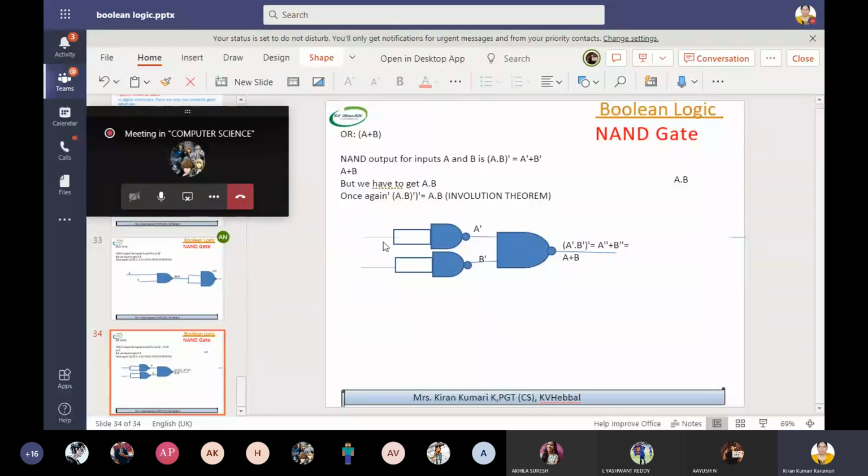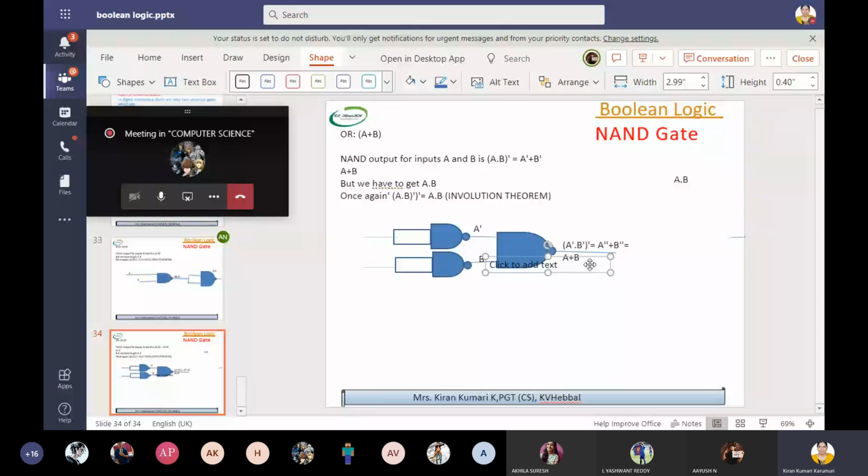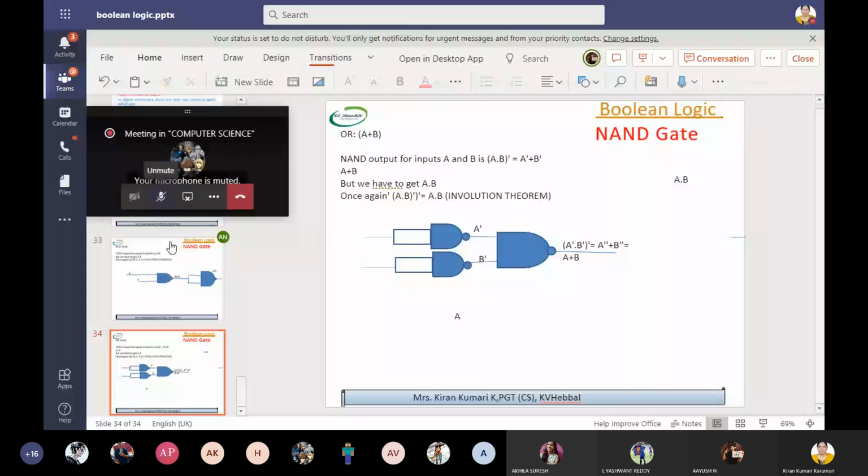ओके children, अब आ गया, ये हो गया, ये इसका label कर देंगे A. Insert text box. ओके मैम, सो ये से A dash आ गया। Similarly नीचे वाला क्या label करना है बताओ?